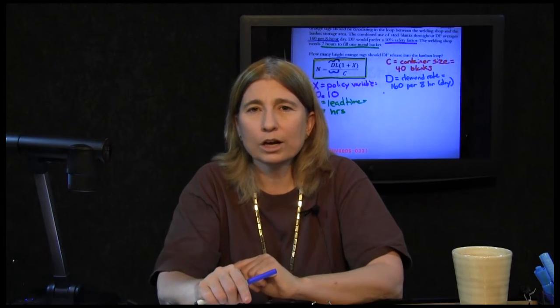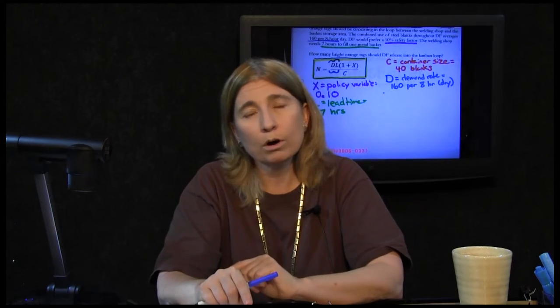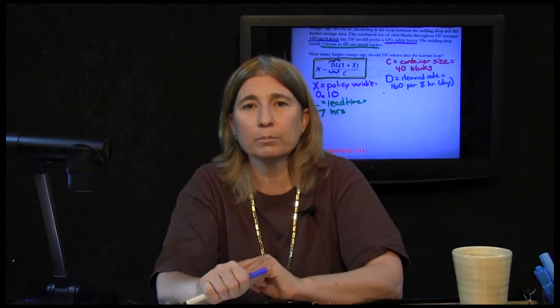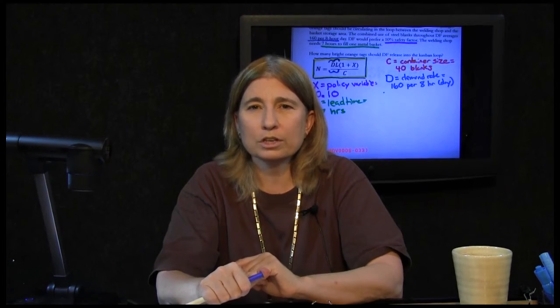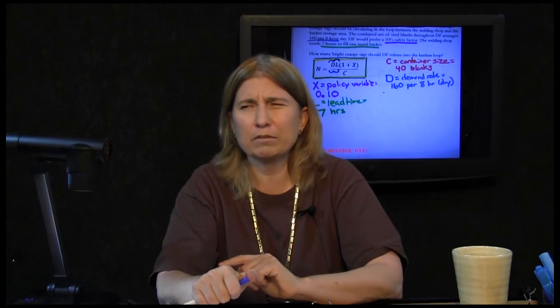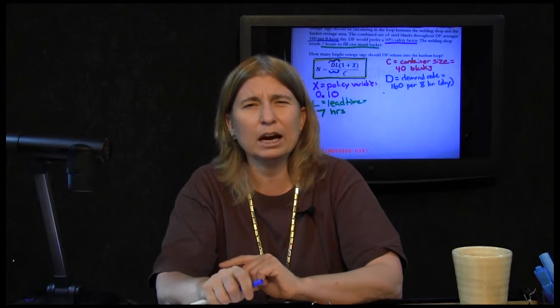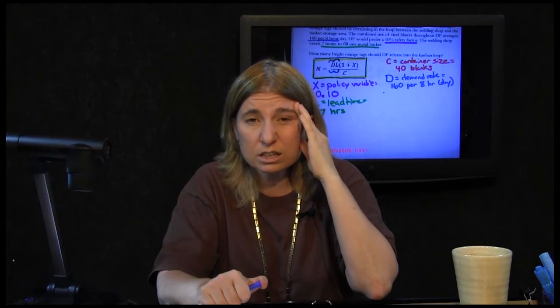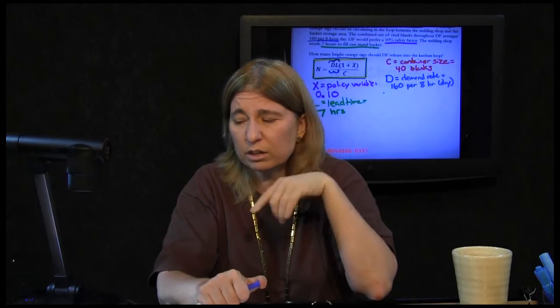We need to adjust either D or L so they're both talking about the same interval of time. We could adjust L by asking how many 8-hour days 7 hours is, but that's not very intuitive. The easiest thing to do in this scenario is to make a small adjustment to D.